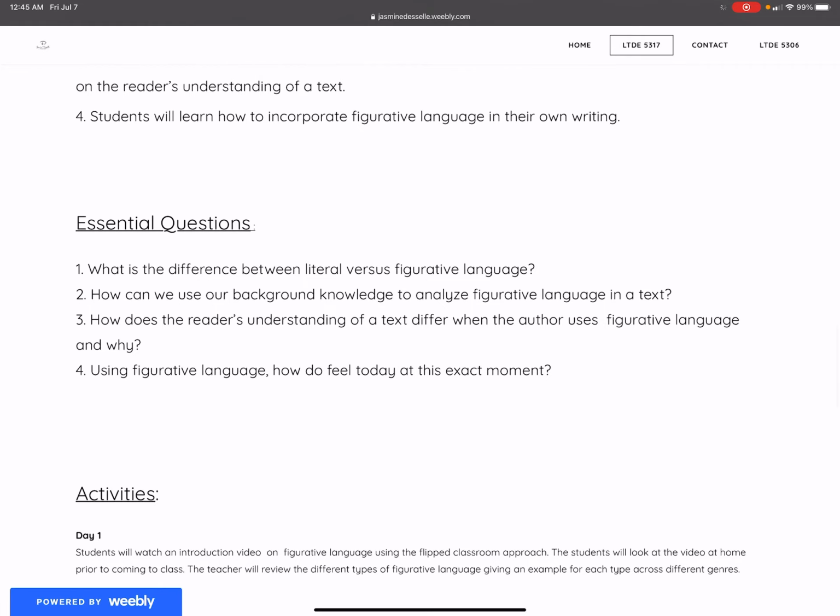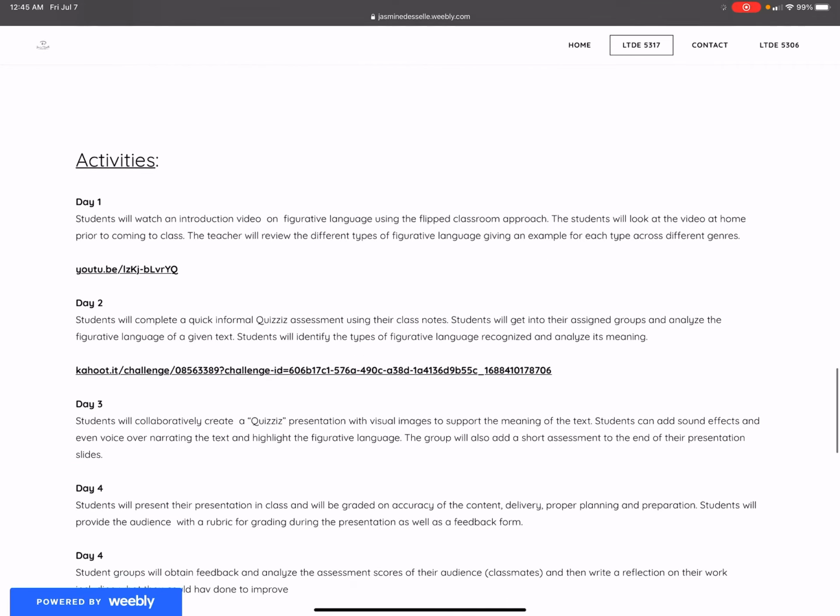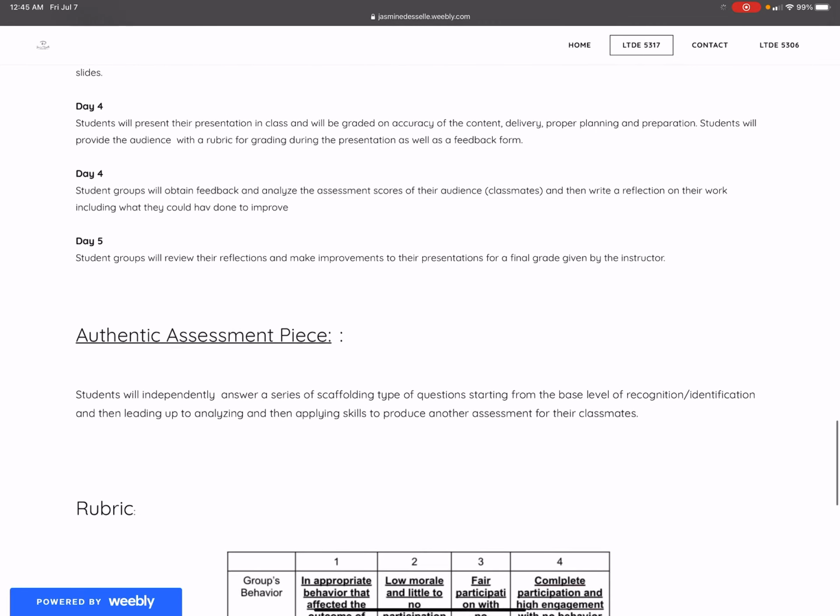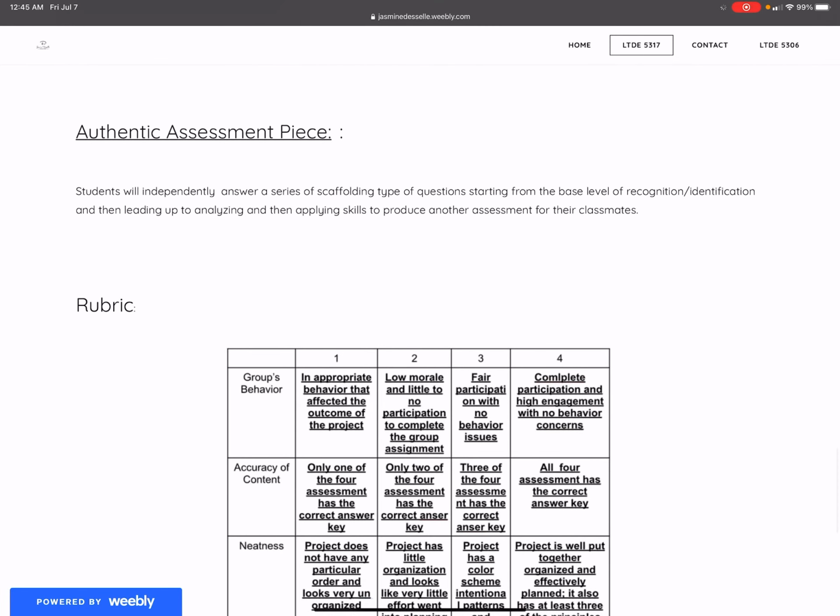Now I have my four essential questions there, and then I have the activities from day one all the way down to day 5. Then I have my authentic assessment piece, which is another application, basically taking the learning skills and applying them, and coming up with an assessment for their classmates instead of the students taking an assessment, which they did do throughout the unit for practice and as an informal assessment to see where the students were, and as information for the teacher in terms of reteaching a skill.